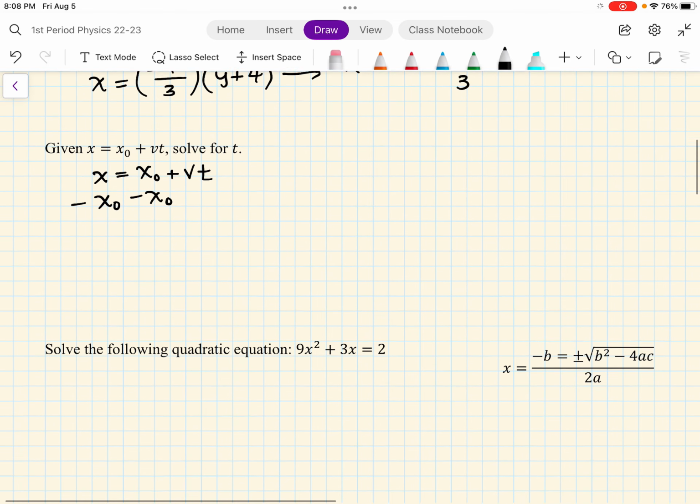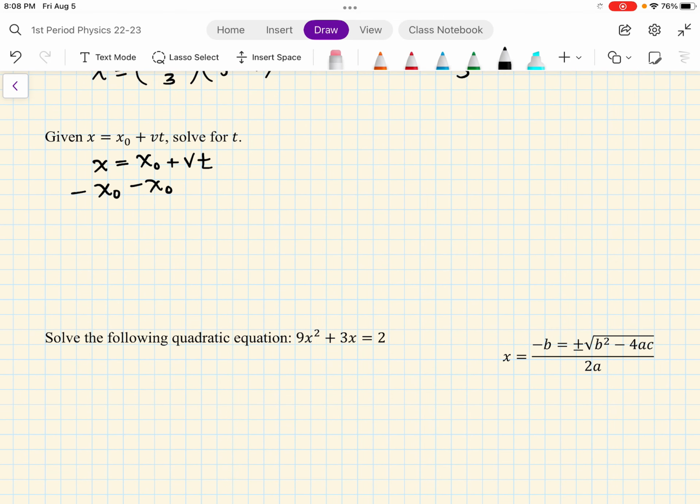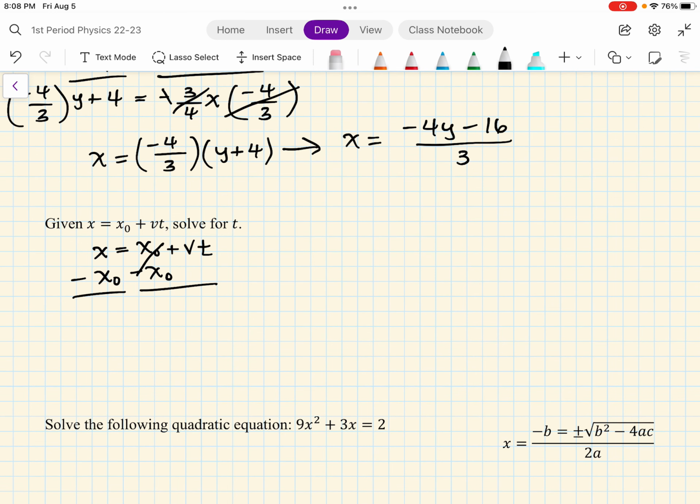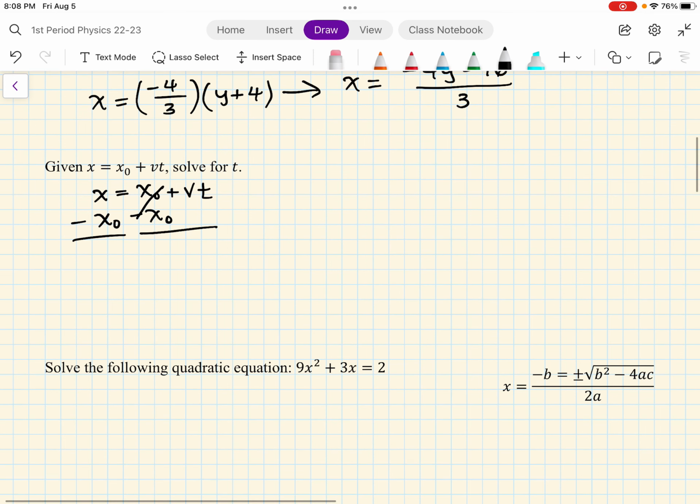So this cancels. And then these two, although both of them are x, this one has the naught, so they represent two different things, okay? So I cannot simplify them. I cannot do x minus x naught equals 0 because that wouldn't work. So then I have x minus x naught is equal to vt.